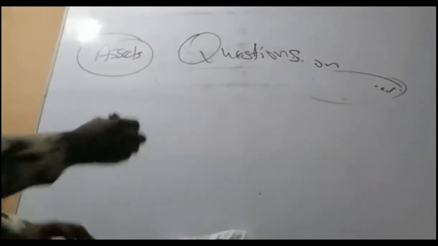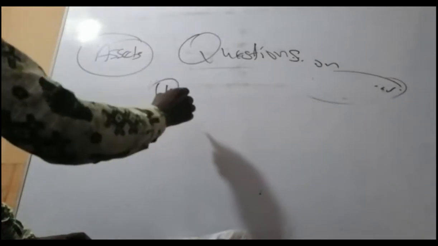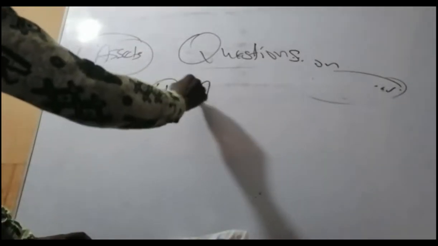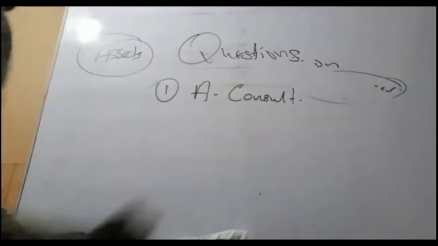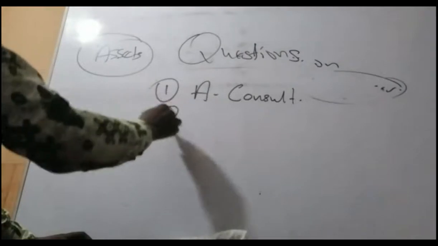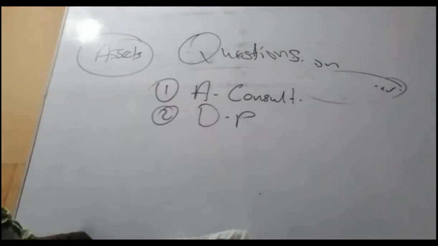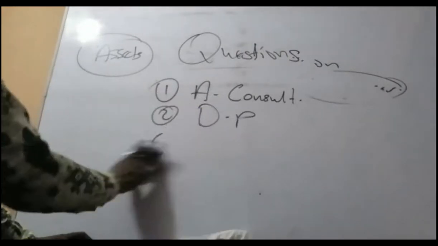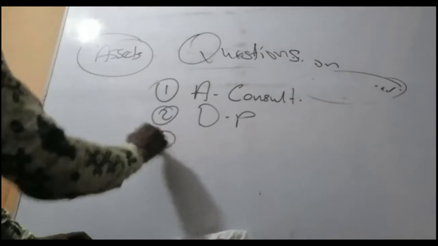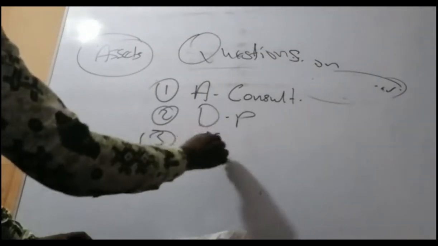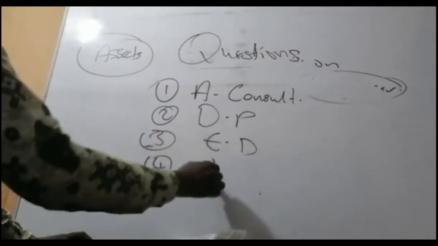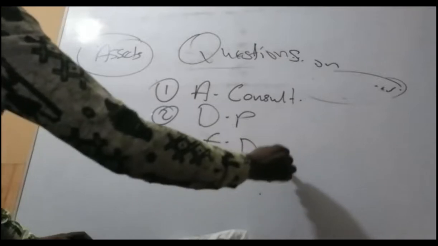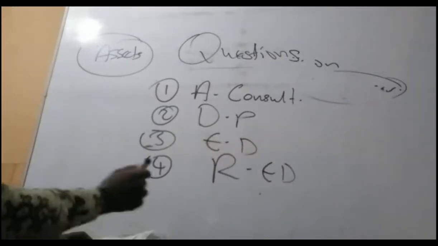The stages of the process are seven in number. Number 1, agenda consultation and plan of work. Number 2, discussion paper. Number 3, exposure draft. Number 4, revision of exposure draft.